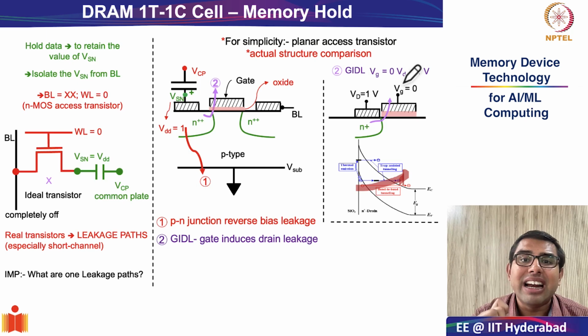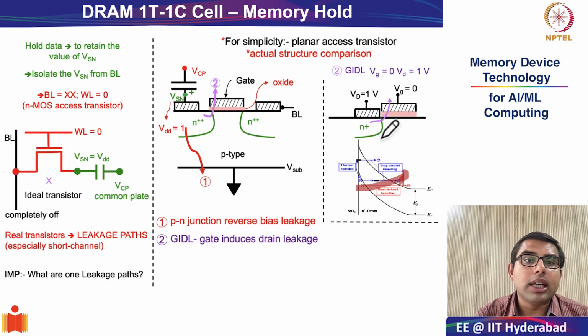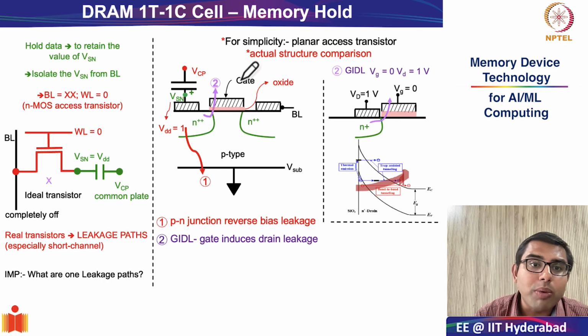So this gate induced drain leakage happens when there is a large difference in electric fields, or large band bending, due to large electric fields at the drain and gate oxide terminal. So this is the second most important reason for leakage that will drain out the charges stored in the storage node.